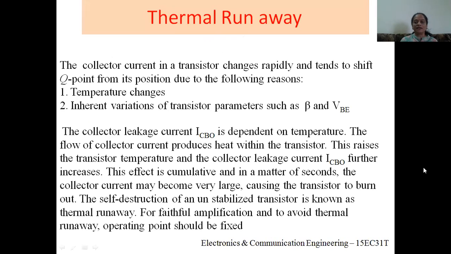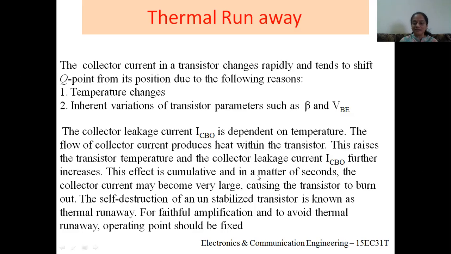The operating point is, when we bias the transistor with zero signal, that is without applying the signal, some collector current flows and some collector emitter voltage exists. The zero signal conditions of IC and VCE is known as the Q point. Once the Q point is decided, it should be fixed. It should not move whenever any parameter changes.